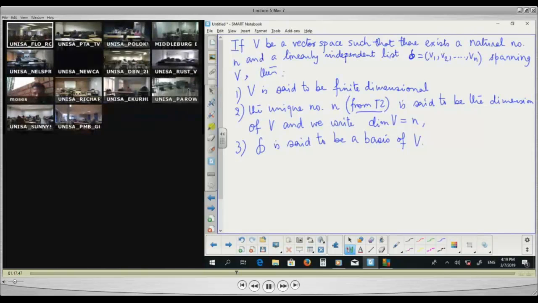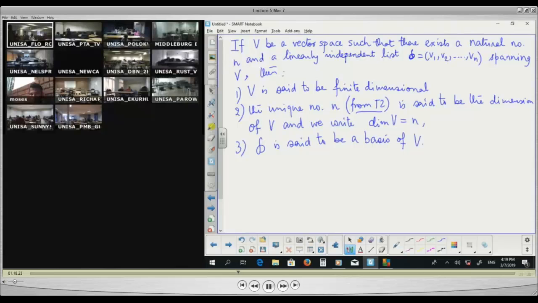So finite dimensional spaces are precisely those spaces which can be spanned by a linearly independent list of a finite size. Okay? And that finite size is unique for that V, and that is called its dimension, and that independent list of that size is said to be a basis. Okay? Clear? Alright.